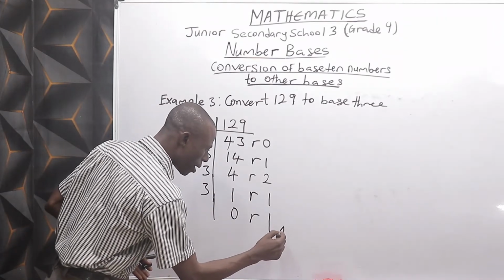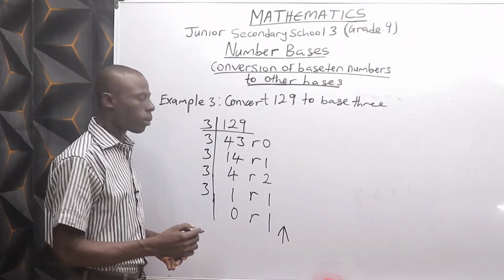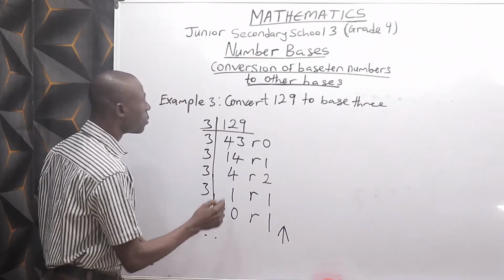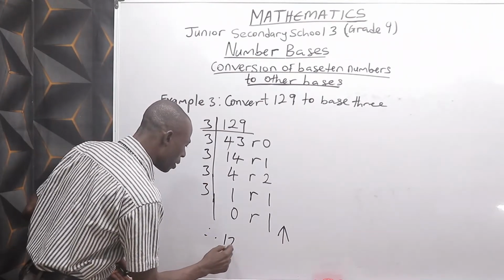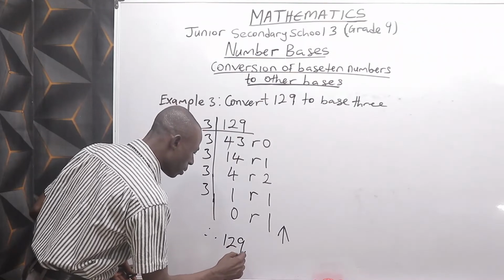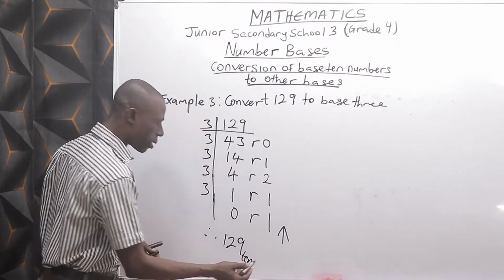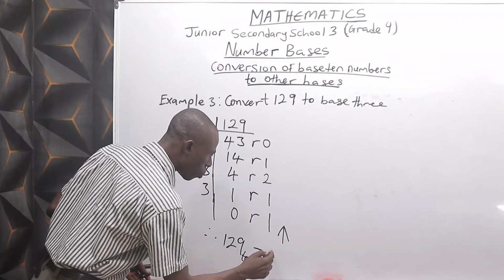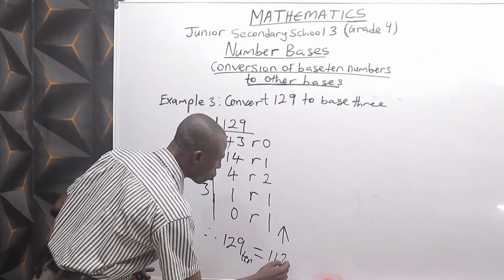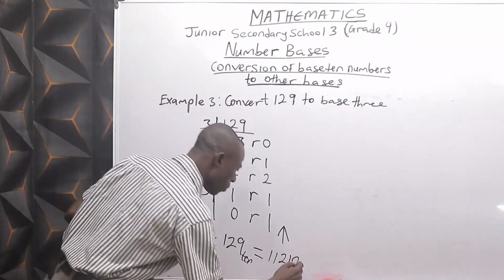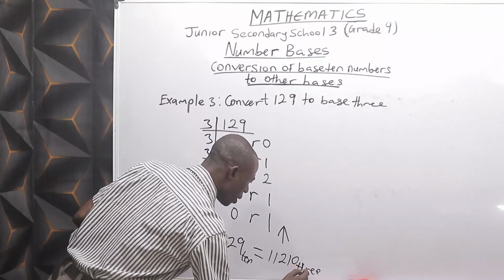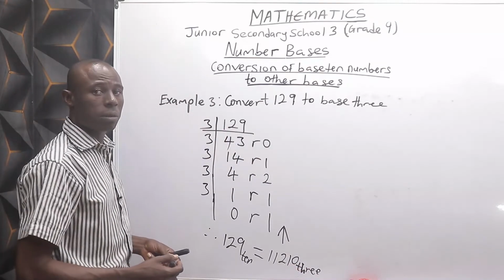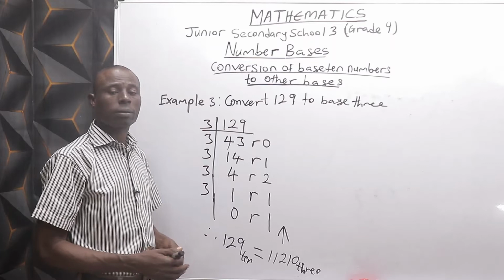And we carry our answer from the bottom. Therefore, 129 base 10, if you so wish to write it like that, is equal to 11210 base 3. If you write your 3 in words, good. If you write it in figure, it's okay as well.